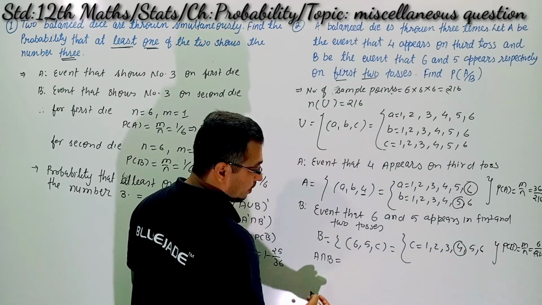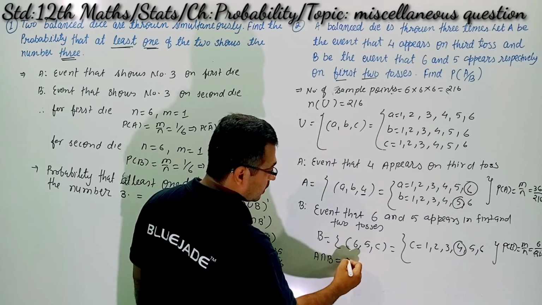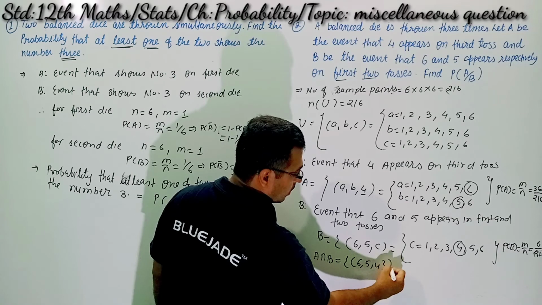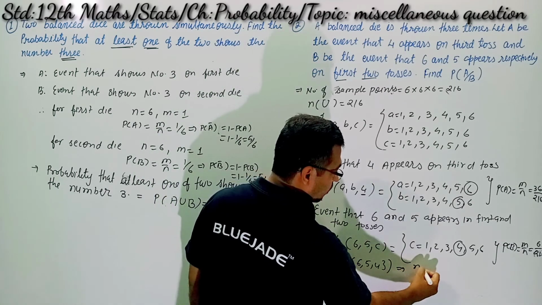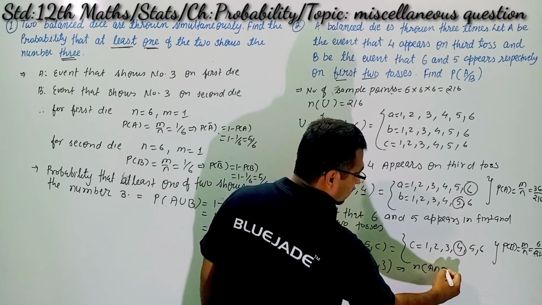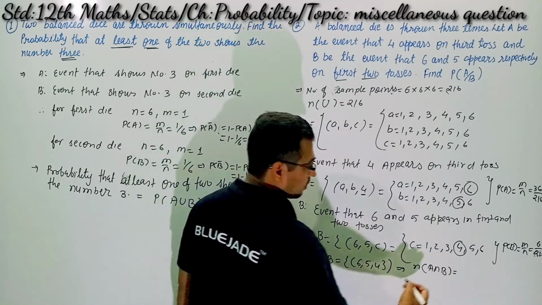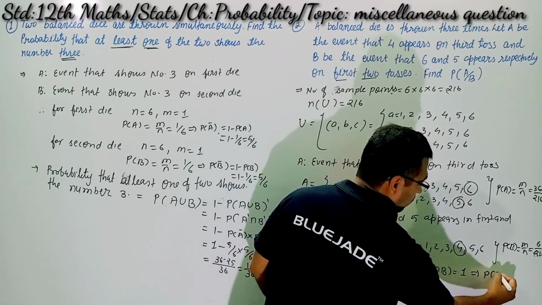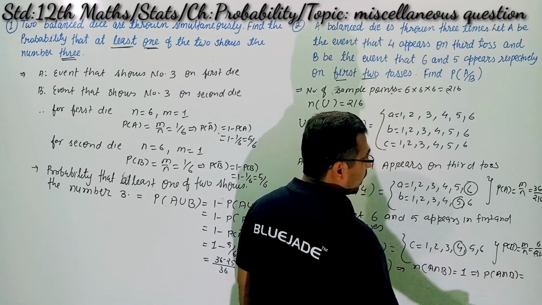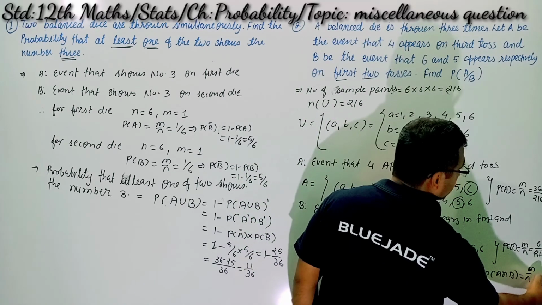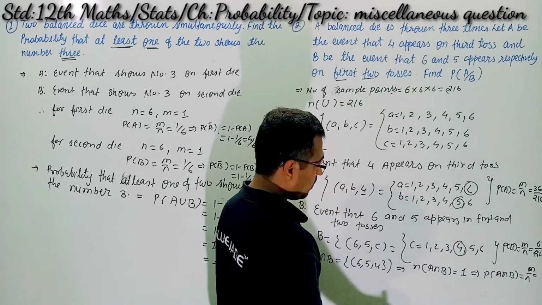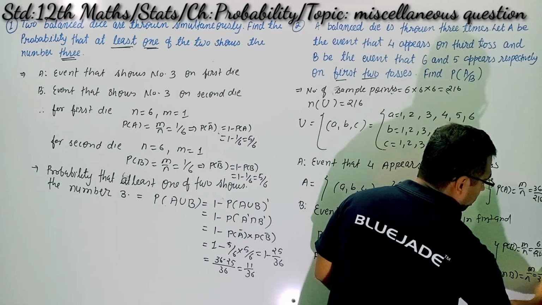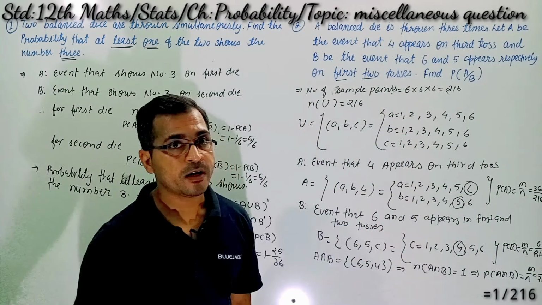So there is a single sample point in the form 6, 5, 4. Right, students? So the number of sample points of A intersection B is 1. So the probability of A intersection B is M by N, where the value of M is 1 and the total number of events is 216, so 1 by 216.